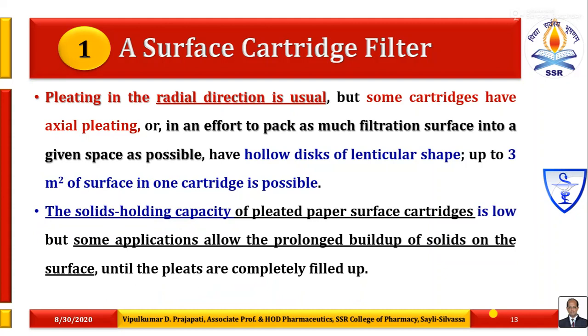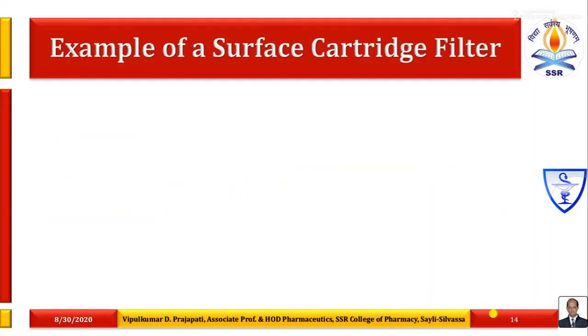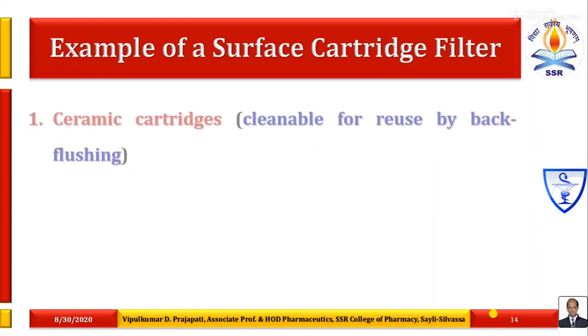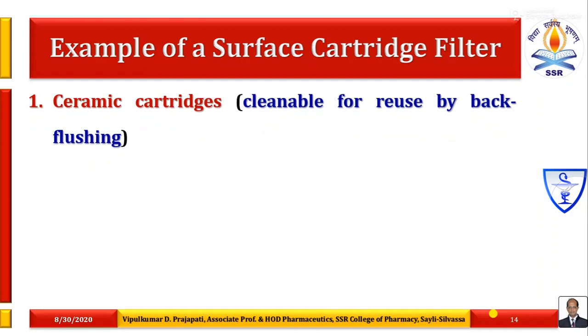The solids holding capacity of pleated paper surface cartridges is low, but some applications allow the prolonged buildup of solids on the surface until the pleats are completely filled up by solids. What are the examples of surface cartridge filter units? First, ceramic cartridges.